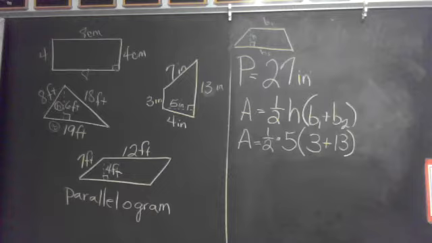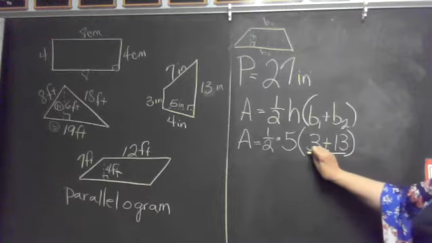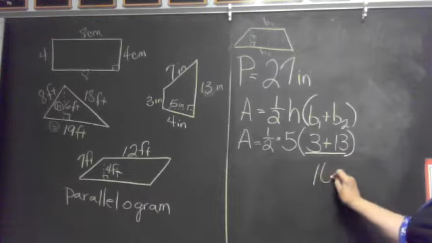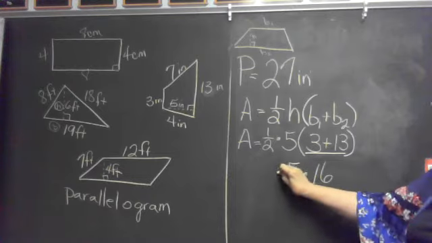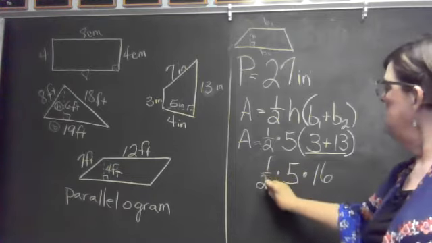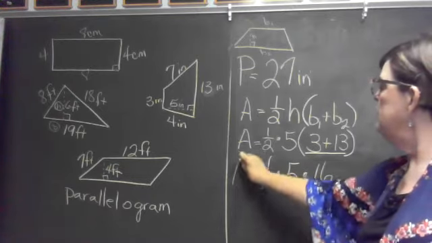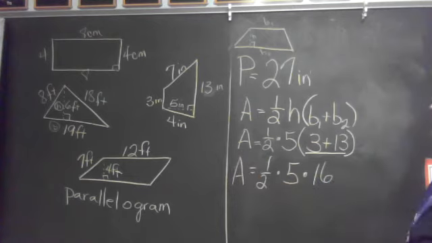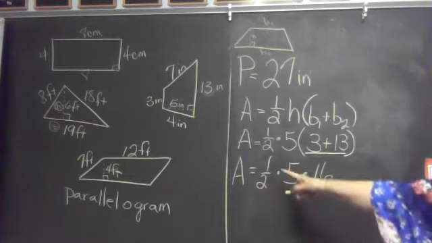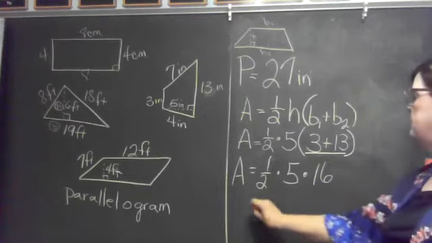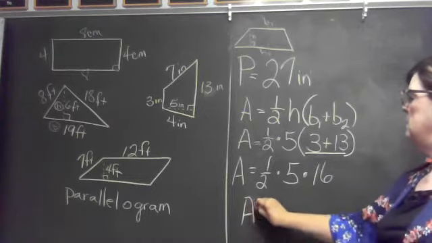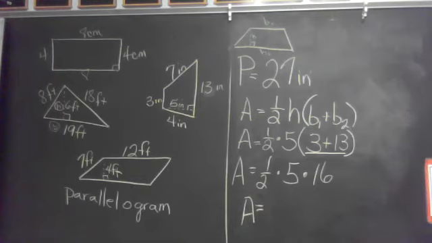And then we use the order of operations. And the order of operations says to do the parentheses first. We get an answer there. And we write the rest of the problem around it. Then here, it's all multiply. And so we should come up with the area equals 40, I think.